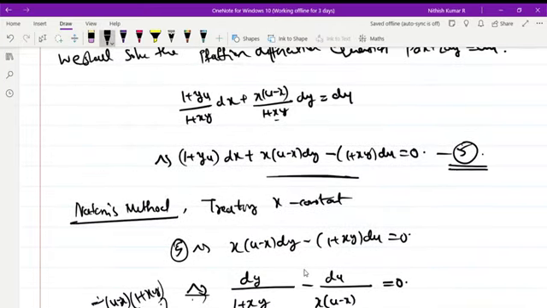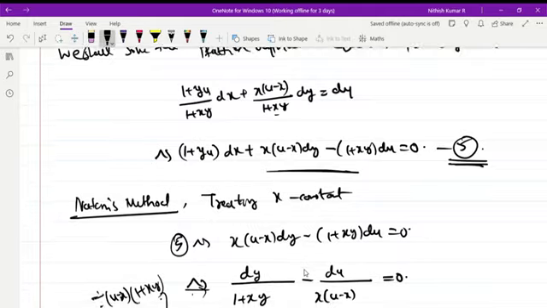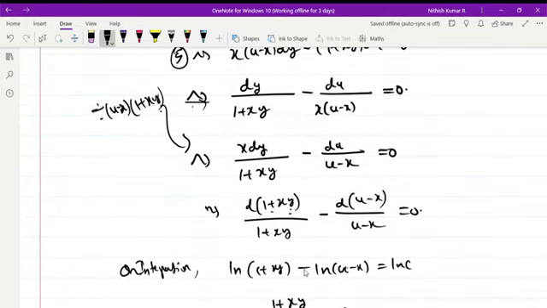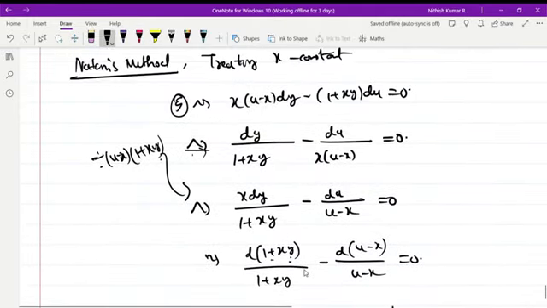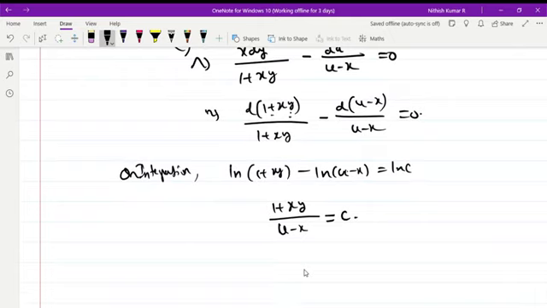So you will get this equation directly without going through the earlier steps.